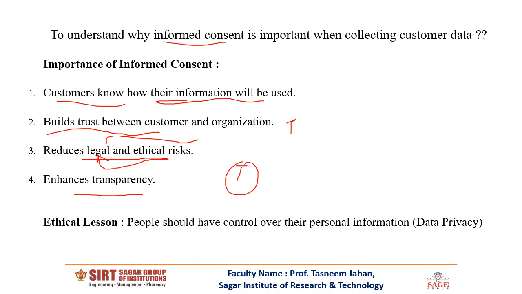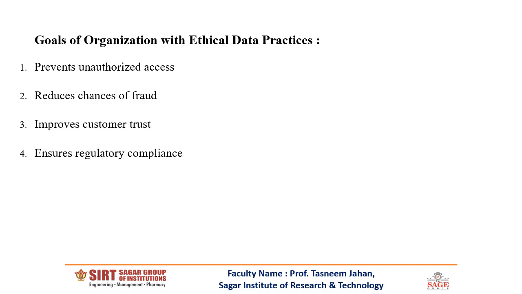So till here, we can summarize that people should know and they should control their personal information so as to achieve data privacy. This is the first pillar. This was the first important definition that we understood today, and it is very important that all your people in the form of users, in the form of customers, know how their information is managed.